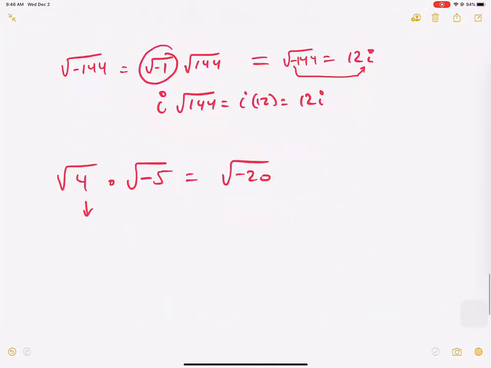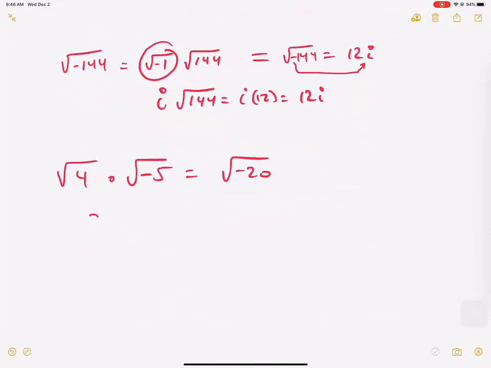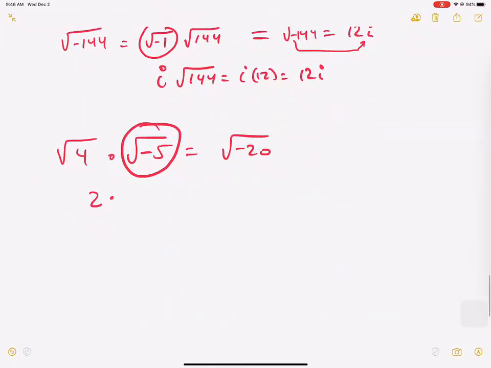If I go straight down, the square root of 4 is 2. And I can't do any mathematical process to this because it's not real. It's like, hey, meet my imaginary friend here. He wants to come out, hang out with us. No, crazy, leave him at home. So we have to first take out the i. And now we can do the process. This is 2i square root of 5.